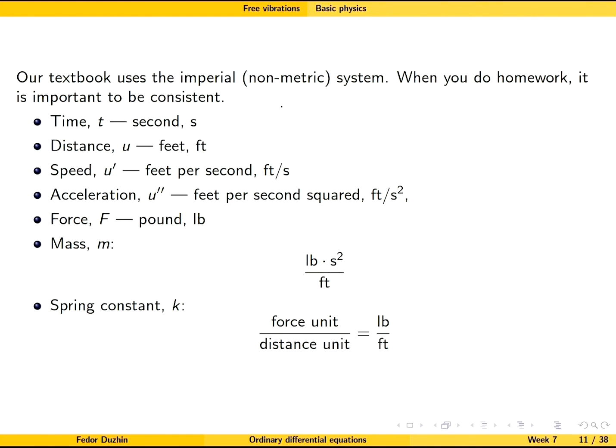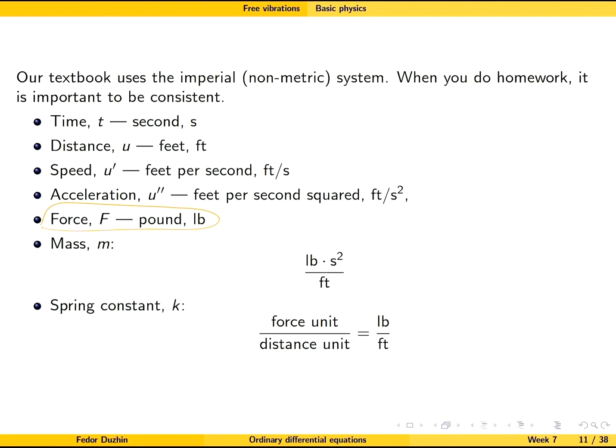But the important thing is, and it is counterintuitive, and I didn't know about it until I had to teach this course for the first time, and noticed that some answers in the textbook looked weird to me, and then I dug into it and realized that pounds are not units of mass, but units of force in the imperial system.